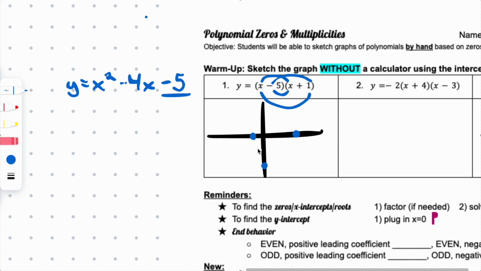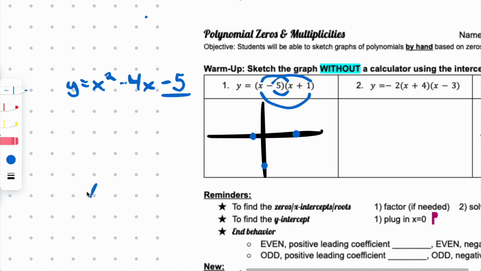Roughly from here, I know it's a quadratic, so it's going to be a U-shape. But I also know that there's a positive leading coefficient. A quadratic has an even degree, so as x approaches negative infinity and positive infinity, f of x is going to approach the same direction, either both positive infinity or both negative infinity.